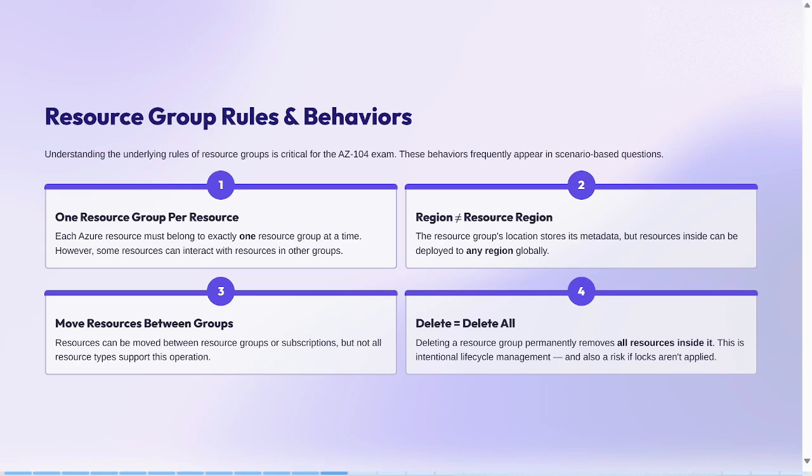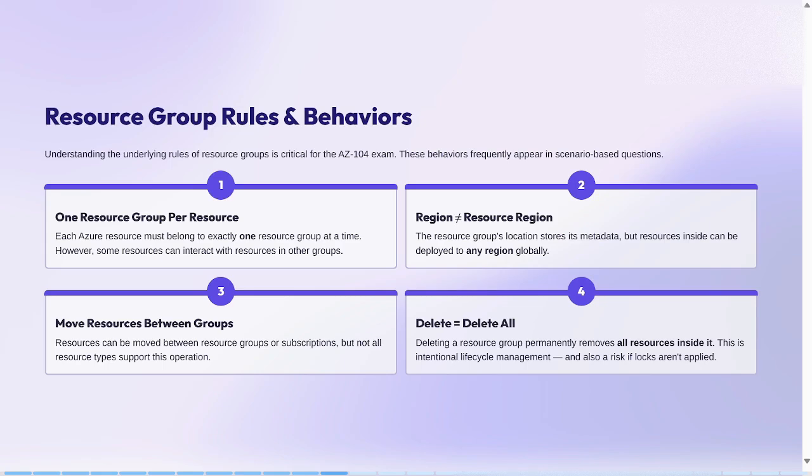Resource group region does not define resource region. The second important concept is the resource group location does not determine where resources are deployed. When creating a resource group, Azure asks you to select a region.